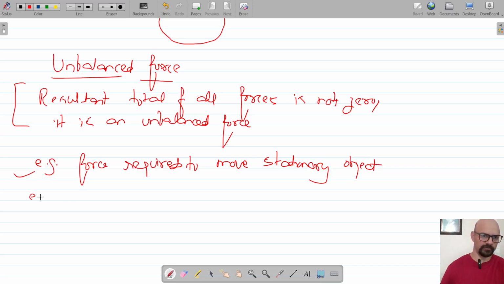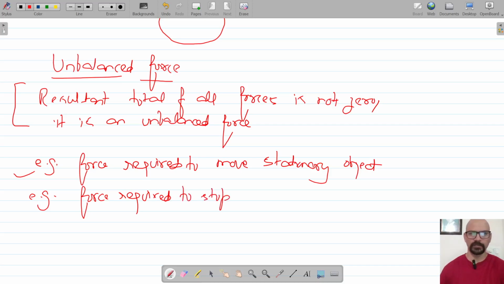Another example of the unbalanced force is the force required to stop a moving object. Another example is when we try to change the speed of a moving object. That is also an unbalanced force.